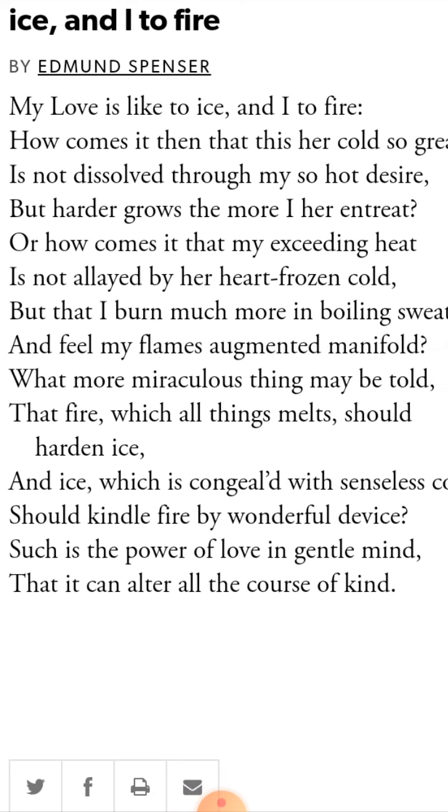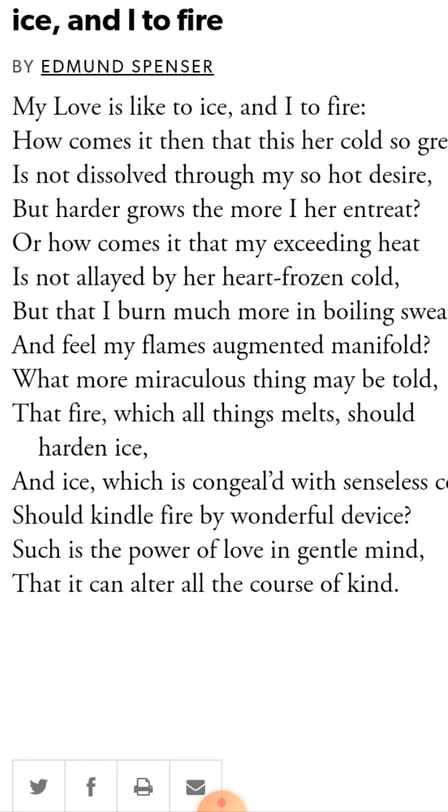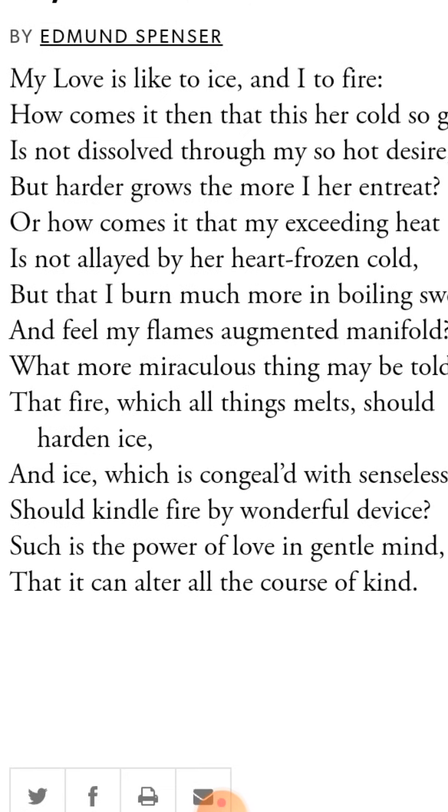And fire should melt the coldness of the love in the mind of his wife, but it is not melting. While it is making the coldness of her love in her heart harder.